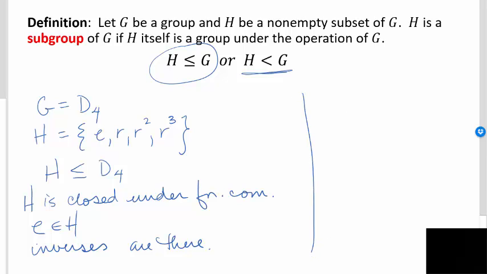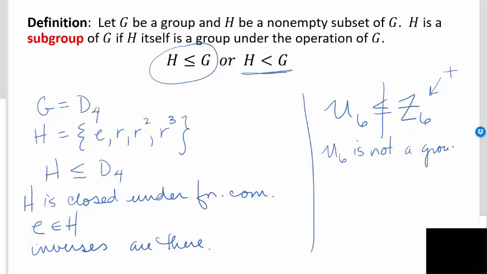Now, here's another example. You could say, well, U6 is a non-empty subset of Z6. True, but it's not a subgroup. It's not a subgroup because U6 is not a group under addition. The operation in Z6 is addition mod 6, and U6 is not a group under addition mod 6.